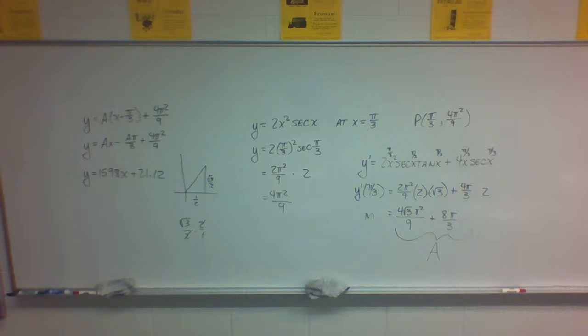Again, find dy dx if y equals, and this time you will have to use the chain rule to get the correct answer. It is a trig function of a polynomial.